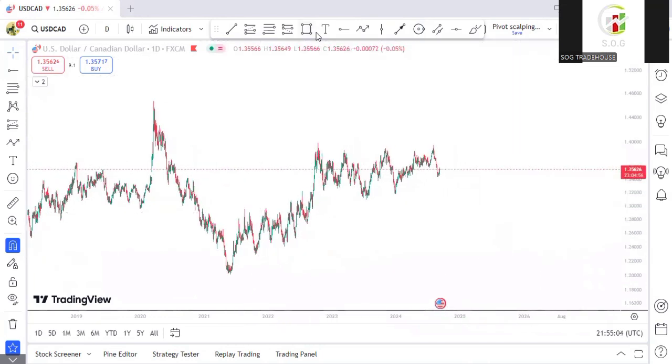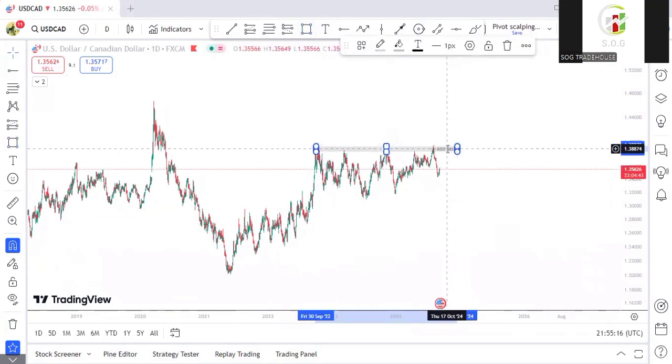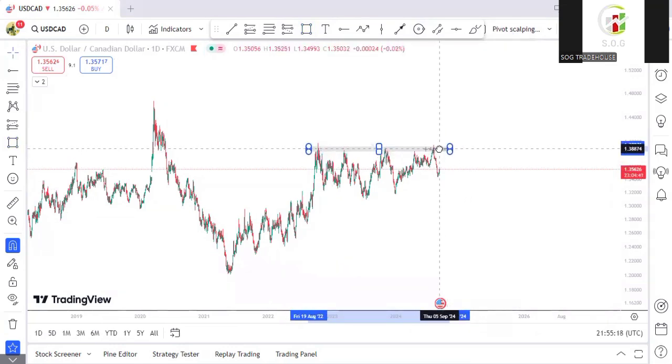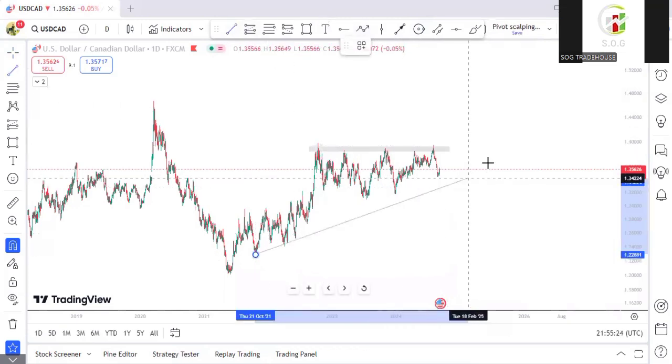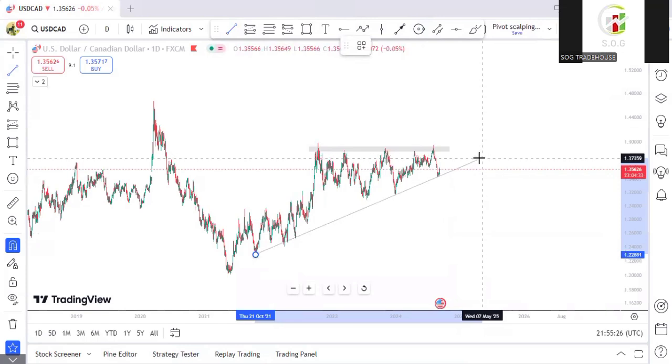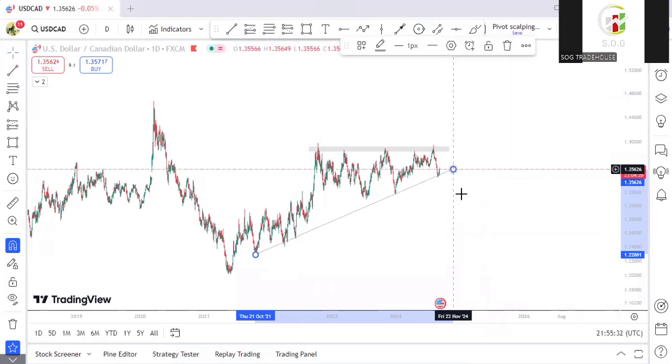So on USD CAD, you can see USD CAD is playing between this, let's say there is a resistance here, and let's connect the lows. All right.